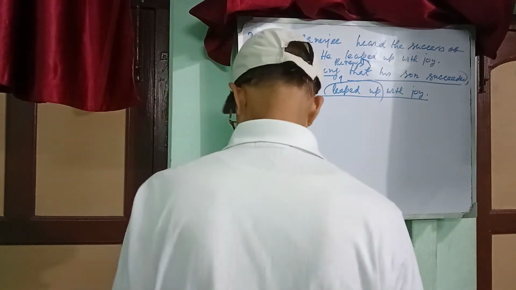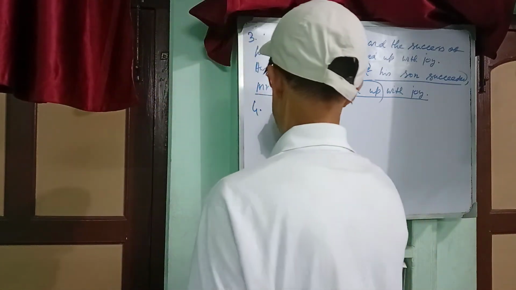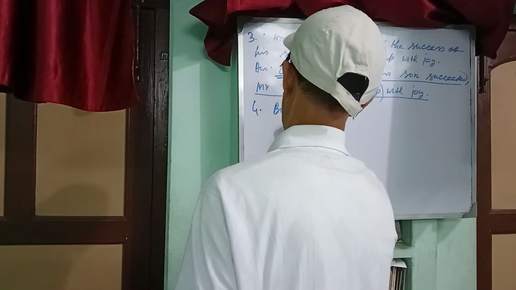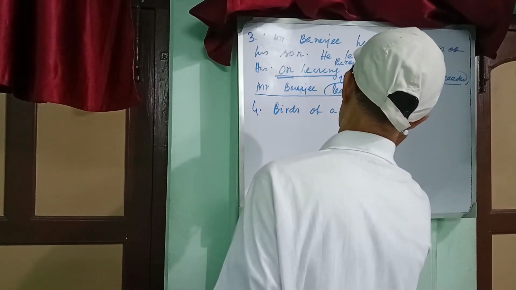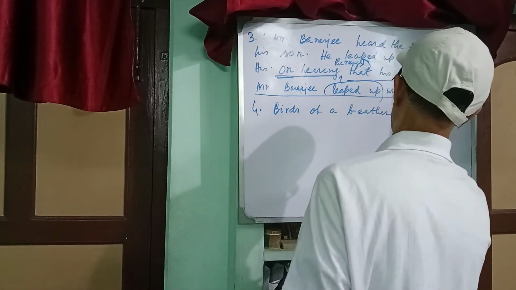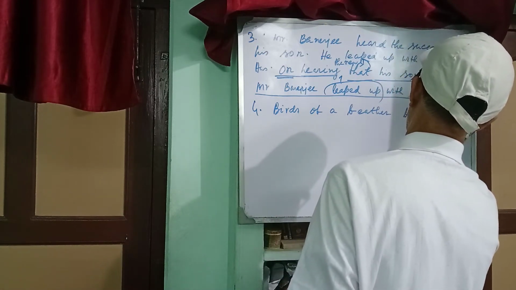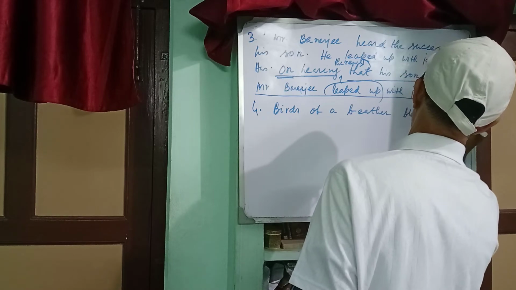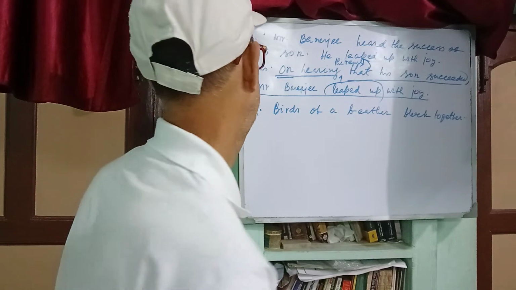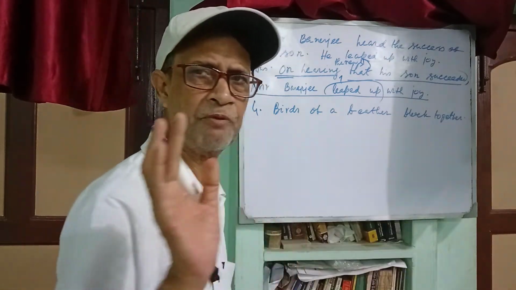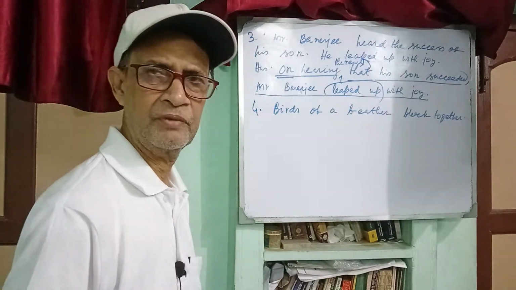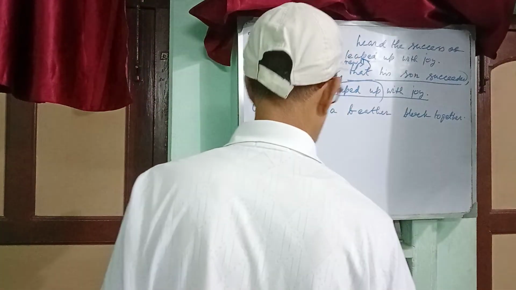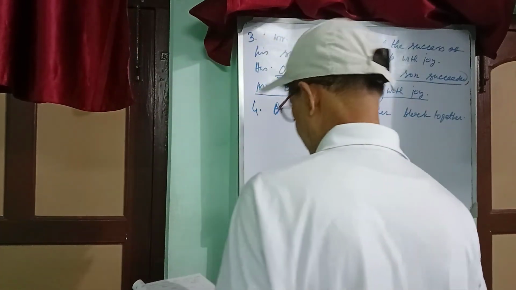Let us come to the fourth example. Birds of a feather flock together. That means people of the same category, the same profession, live together.